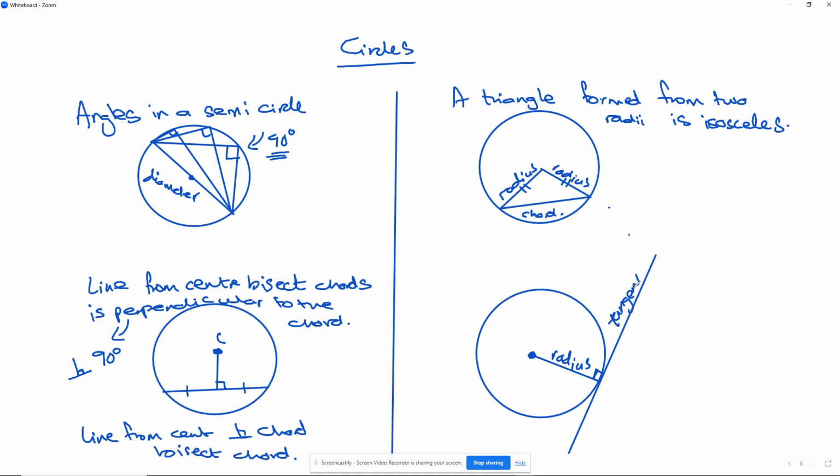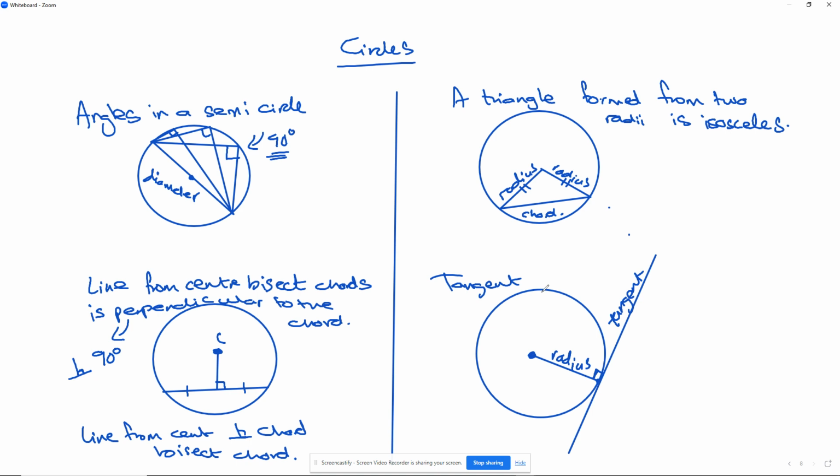Remember a tangent is a line that touches a single point, or shares a single point with the circle as it moves past it. And if it's touching the same point which connects to the radius, then that would be 90 degrees. Okay. So in this case, we can write this as the tangent is perpendicular to the radius.